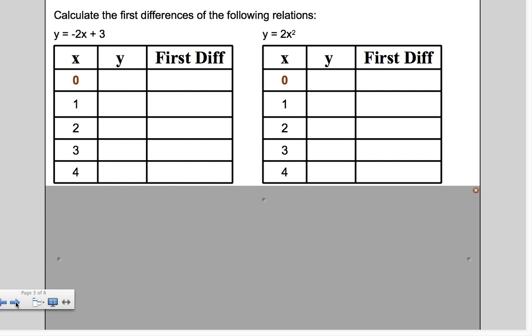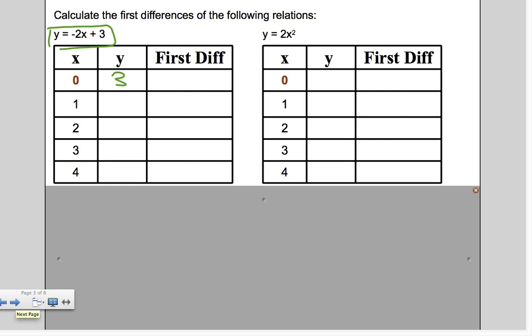Okay, so when x is 0 in our relationship, what's the value of y in the first one? In other words, what is my y-intercept here? When x is 0, what's the value of y? We're looking at this relationship. 3. Okay?